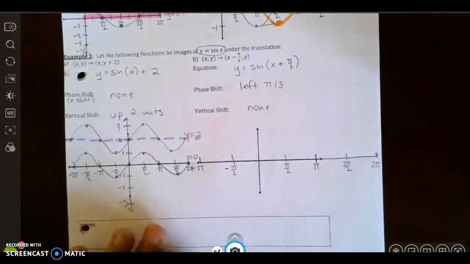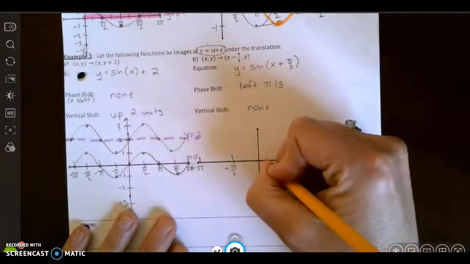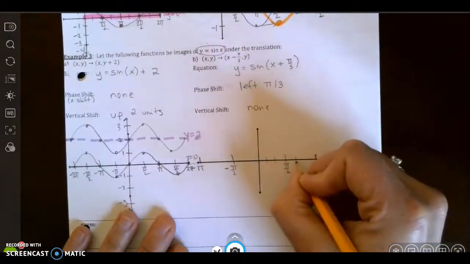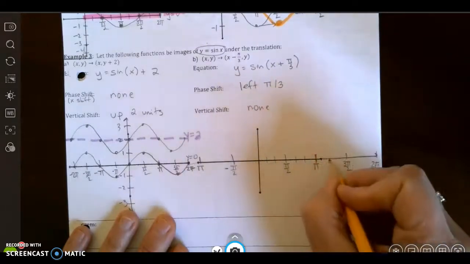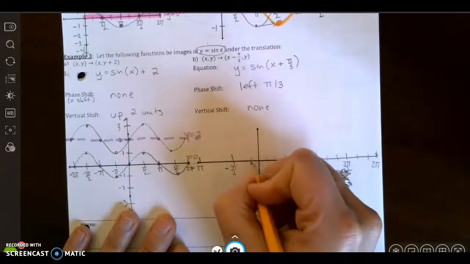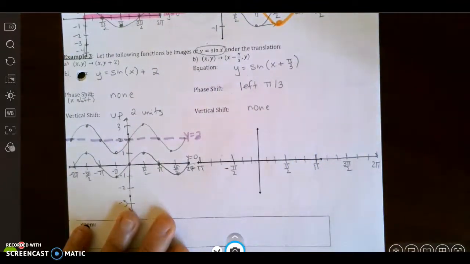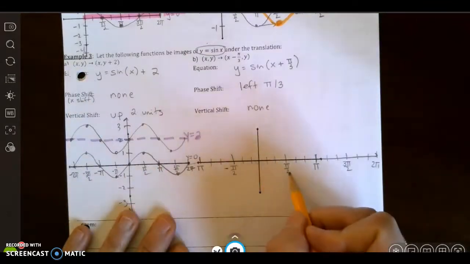Now, since it's pi over 3, what I'm going to do is take each of these sections and divide them into thirds. Okay. So this is a third of a half, which is technically a sixth.